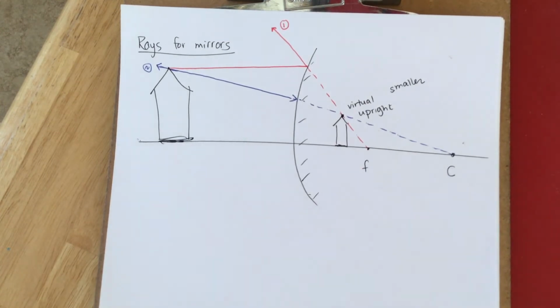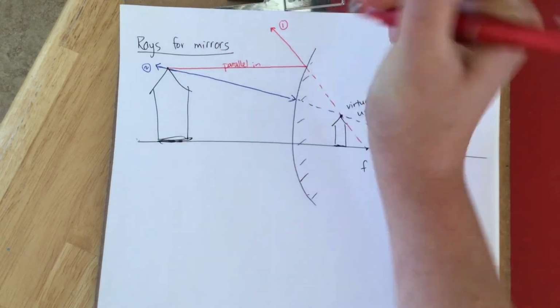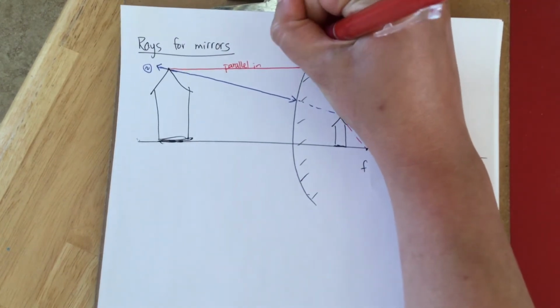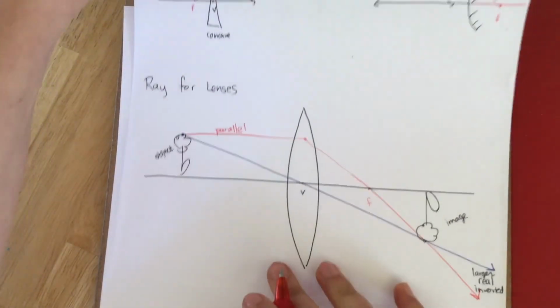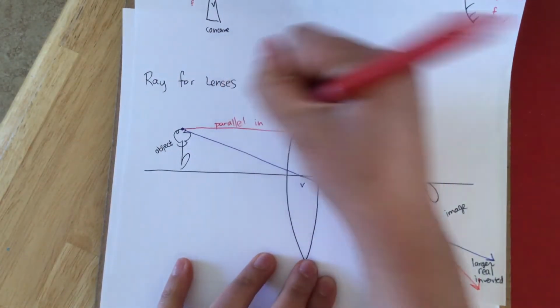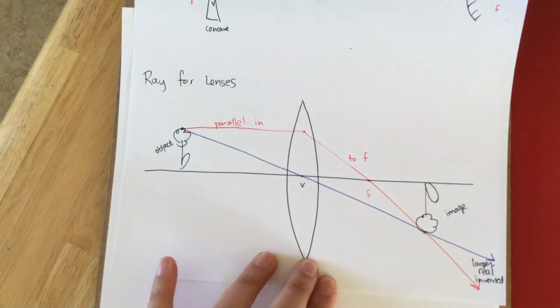Now, I like using ray diagrams to figure out my types of images because that means I have very little to memorize, and I am not a memorizey person. If I can draw this out, a ray that goes parallel in and either away from a focal point or parallel in, and towards a focal point, that means I have a lot less to remember.